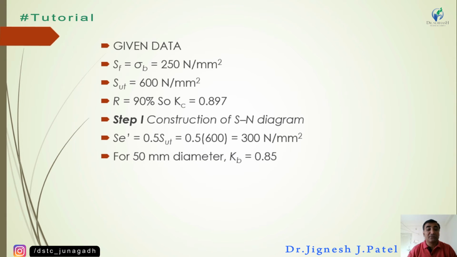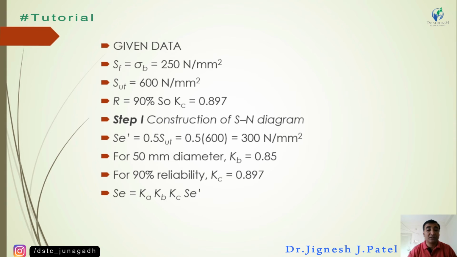Now for 50 mm diameter, the size factor Kb from the standard value is 0.85, and Kc is 0.897. Here the stress concentration factor is not given, so take Kd equal to 1. So our equation for the endurance limit is Se equal to Ka into Kb into Kc into Se dash.